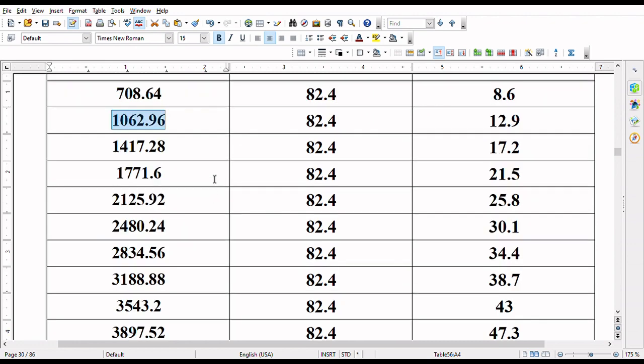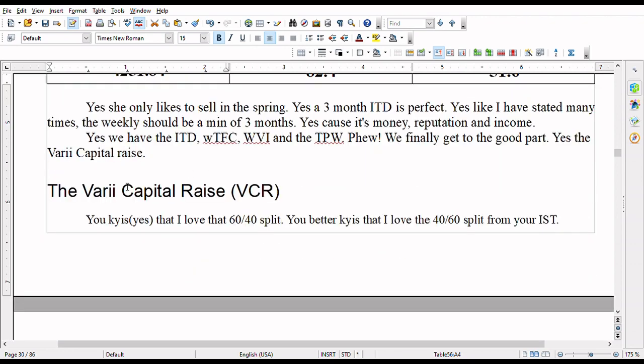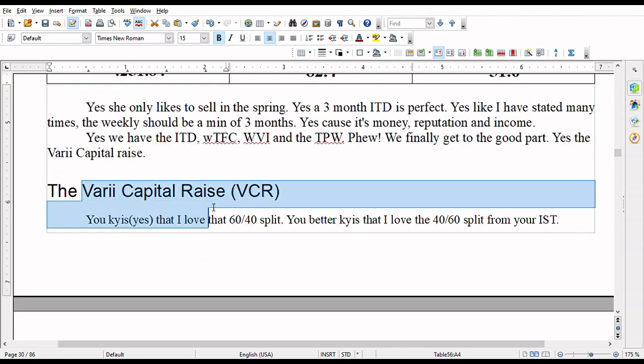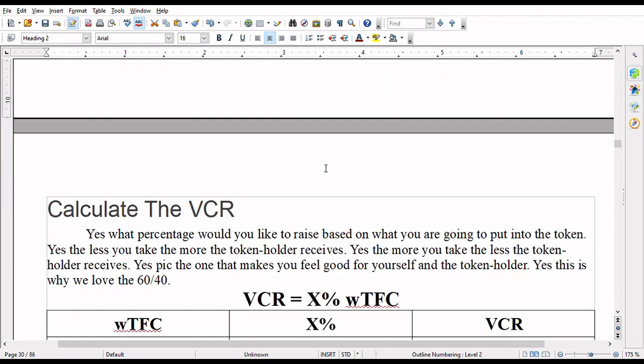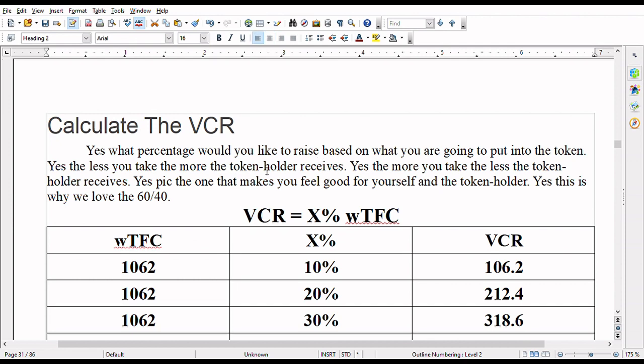Once we have the number that has the entire deal, we can think about our Varii capital raise. We once again think back to the base structure of the IST, which is: I am going to push X number of fiat dollars to the network. Can I get X number of fiat dollars today?